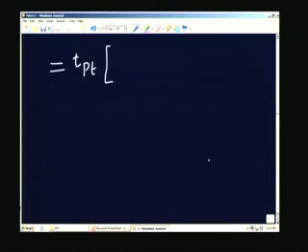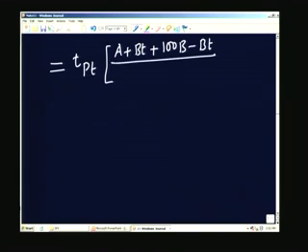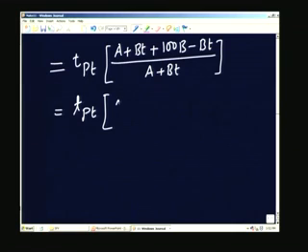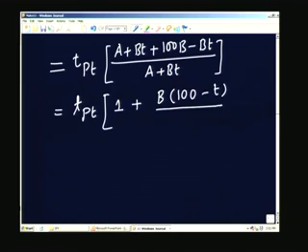This becomes A plus B T plus 100 B minus B T, divided by A plus B T, and this gives you 1 plus B into 100 minus T divided by A plus B T.